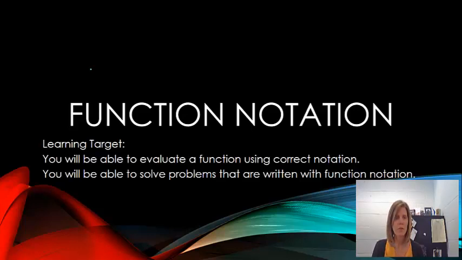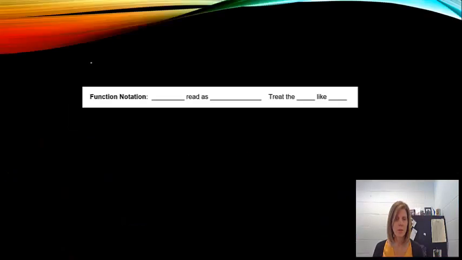All right, so what is function notation? We basically are just going to see something that looks like this, f of x. And if you've ever entered my room after I've been working with my calculus class, you will see this written on the board. It's going to be read as f of x.